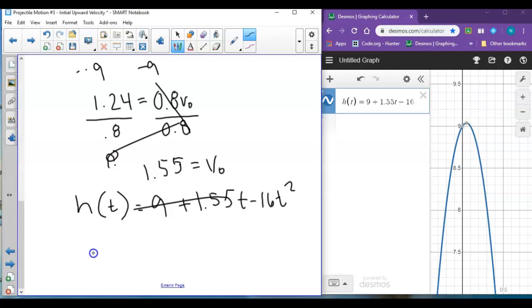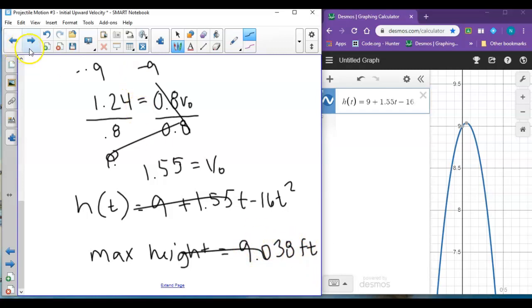So maximum height is 9.038 feet. So this volleyball was not hit up into the air very much. It was hit sort of straight out and down. Because its maximum height was not very high. So that is an example.